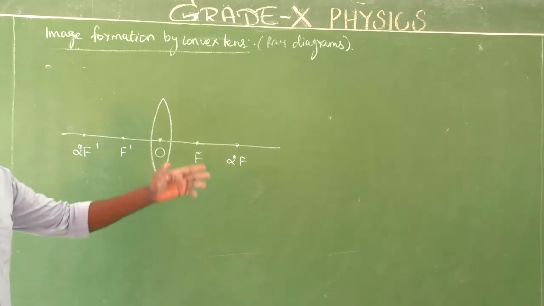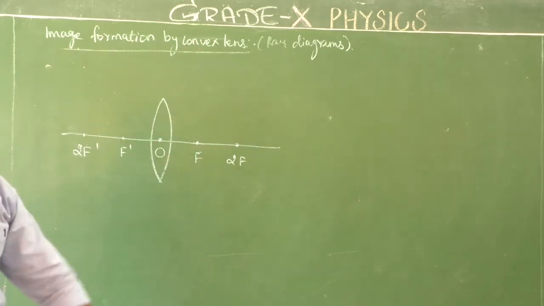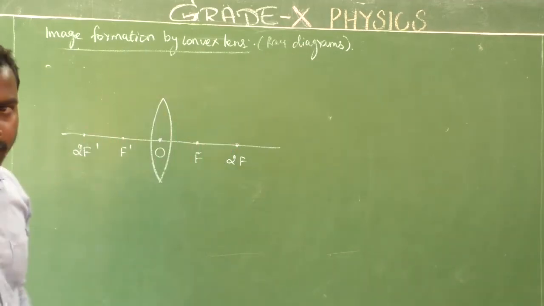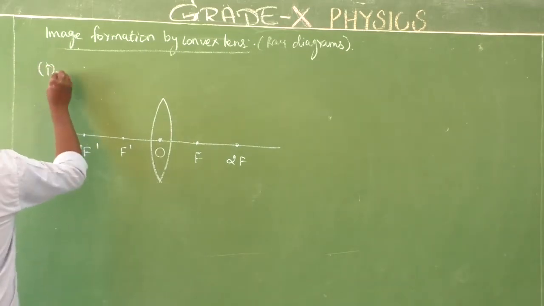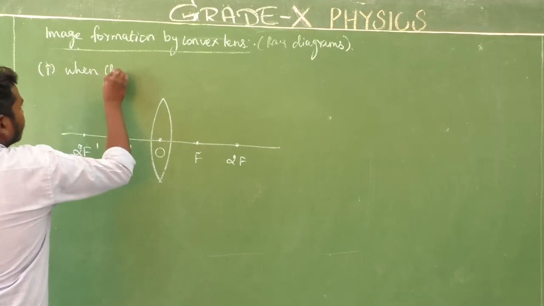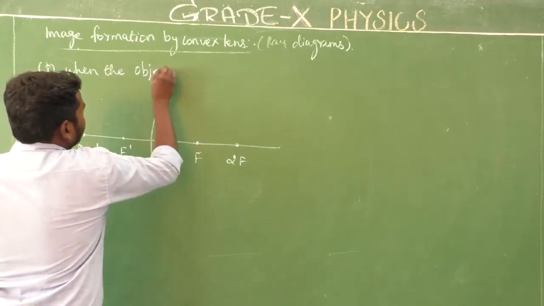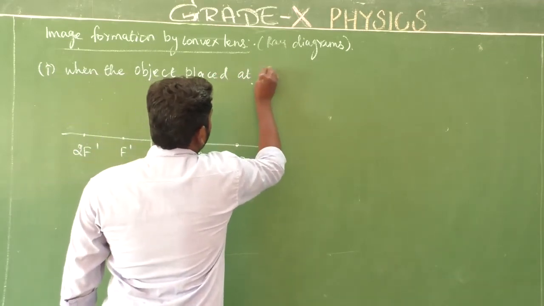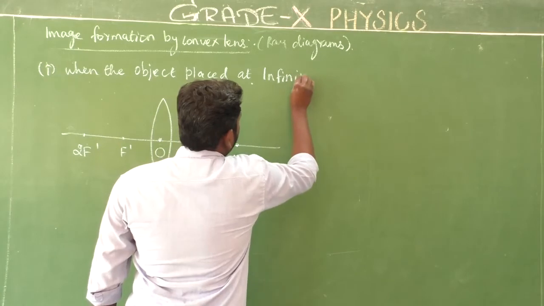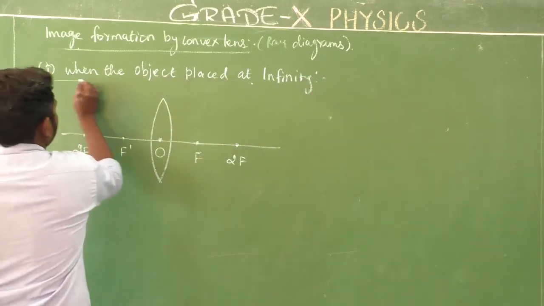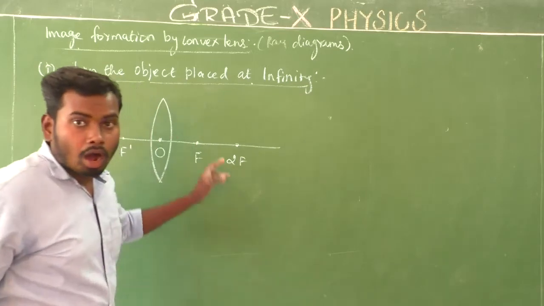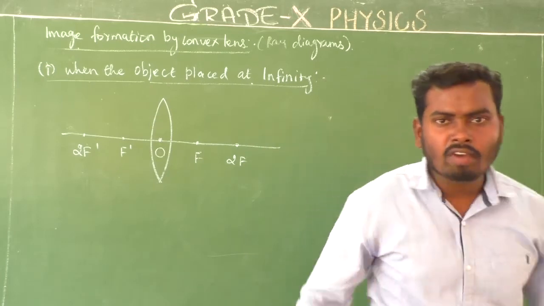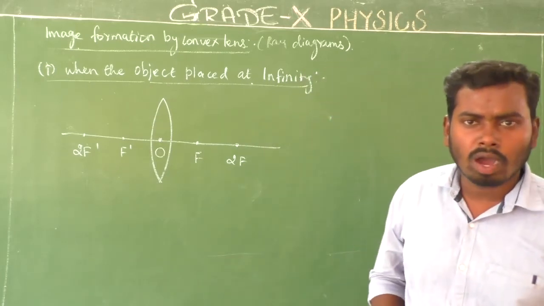First thing, I am going to place the object at infinity. Is it clear? Yes. So when the object is placed at infinity, where will the image be formed?